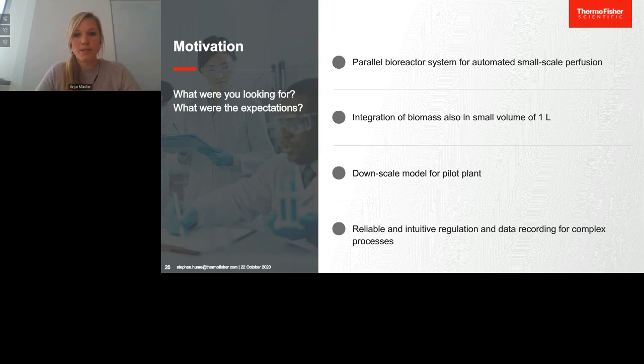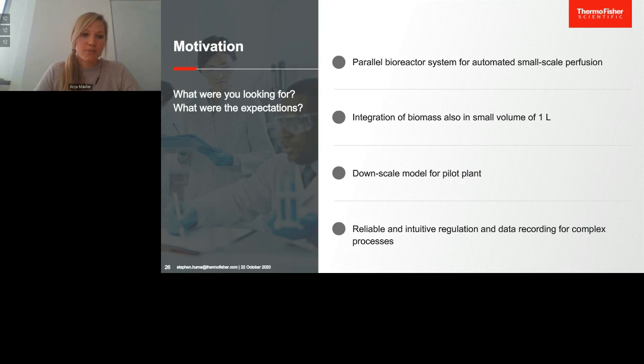That's why we went to Achema to find information about different small-scale bioreactor systems and to find out which provider would give us the best possibility to combine our different needs, which was that we wanted to be able to work with automated perfusion in small volumes, also down to 1 liter. So we needed the option to integrate the biomass probe, but also wanted to meet the requirements to have a good downscale model for our pilot plant.